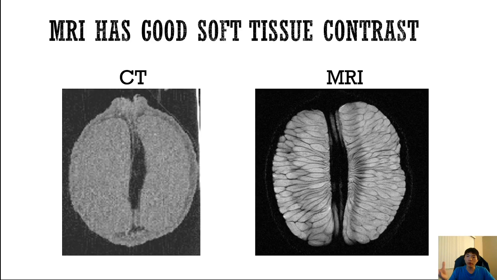Whereas with MRI, you're actually using the lower energy end of the electromagnetic spectrum. So you're looking at radio frequency, which is even lower energy than microwaves. So basically right now at this moment, there's a lot of radio frequency electromagnetic waves passing right through me, and through you as well.